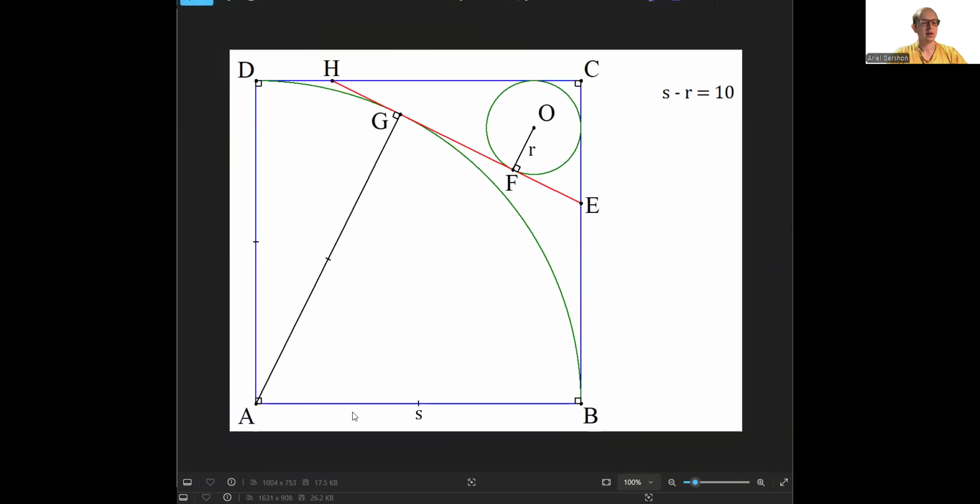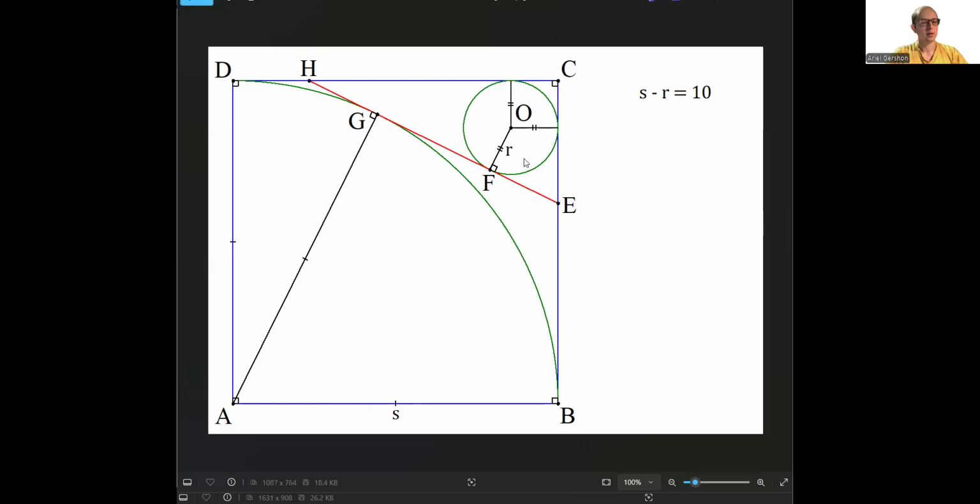And then the next thing I did was I labeled all the vertices, and also I made these little ticks over here. So the side lengths AB, AG, and AD are all equal because they are all radii of the large circle.